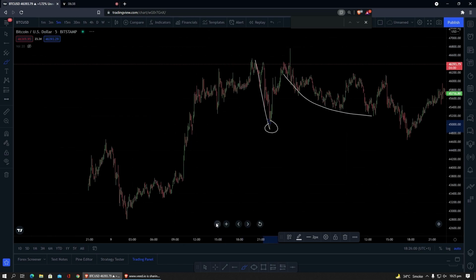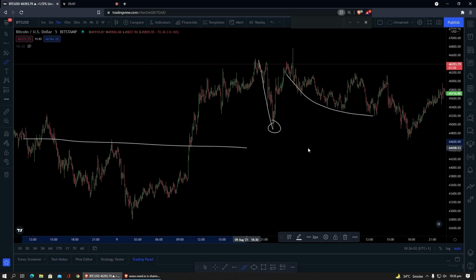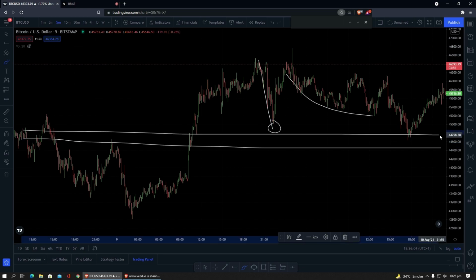So now, inside this whole breakout area, and from higher highs, we are having sellers, and the overall market direction is for the buy side. We are having sellers, and the sellers are losing strength while coming towards this area.